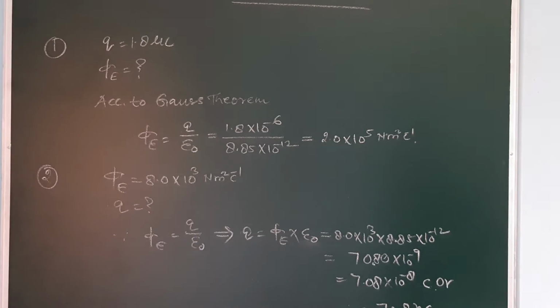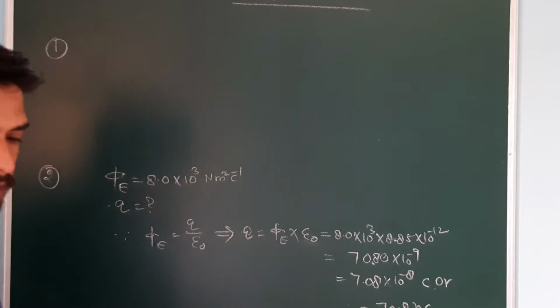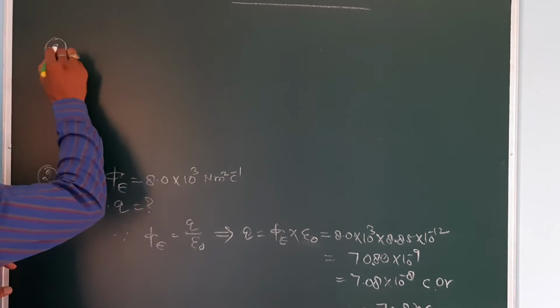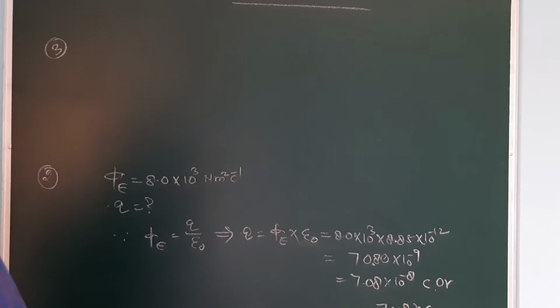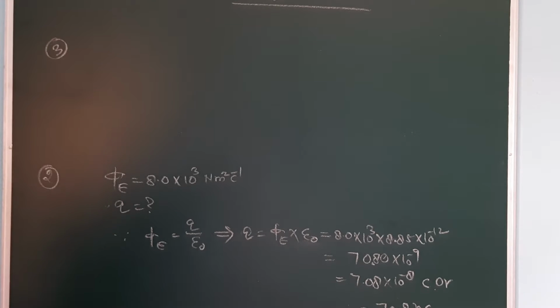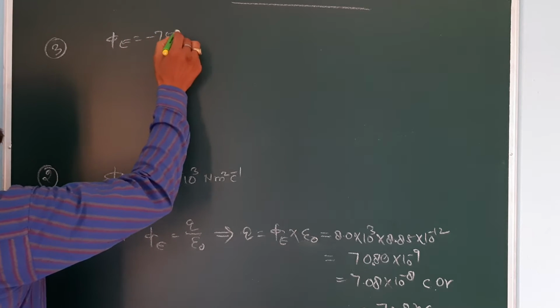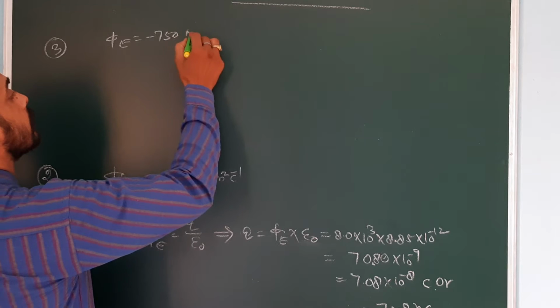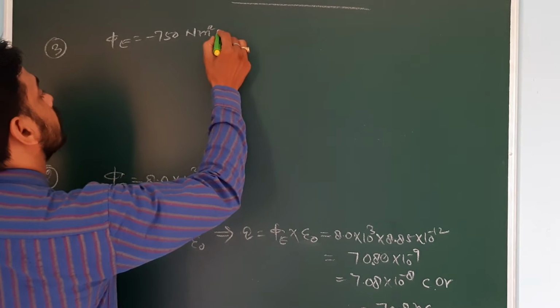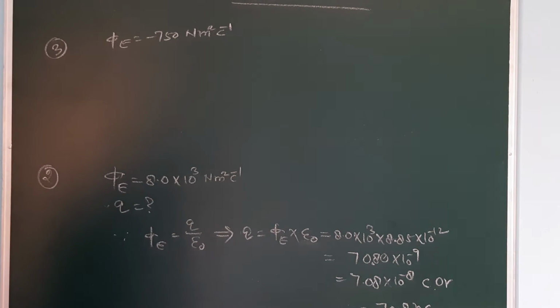Now see question number 3. According to your books, a point charge produces an electric flux phi E equal to minus 750 Newton meter square per coulomb through a spherical Gaussian surface of 10 centimeter radius at the center.